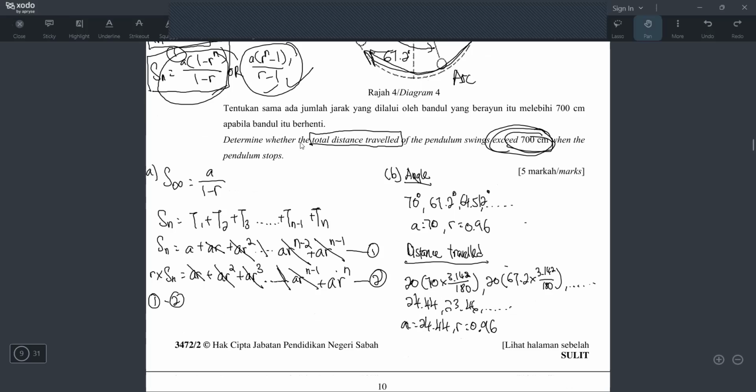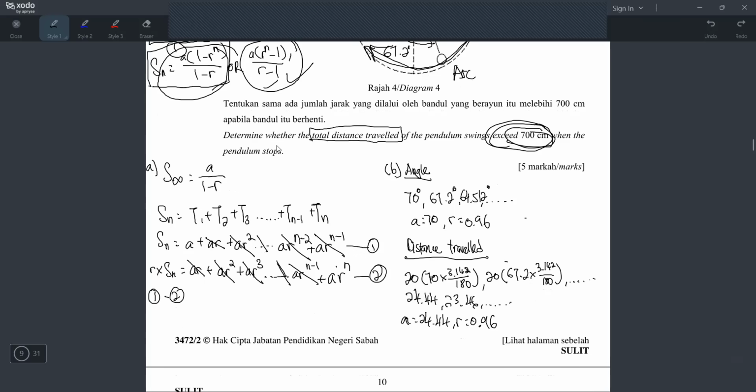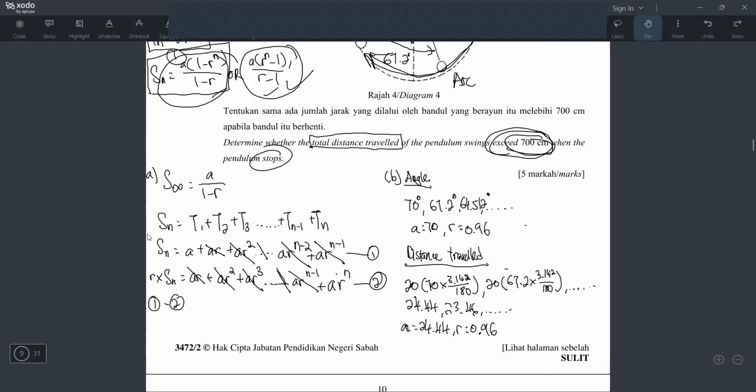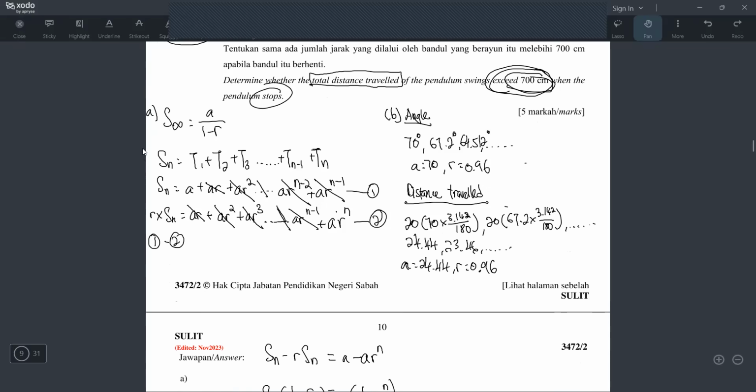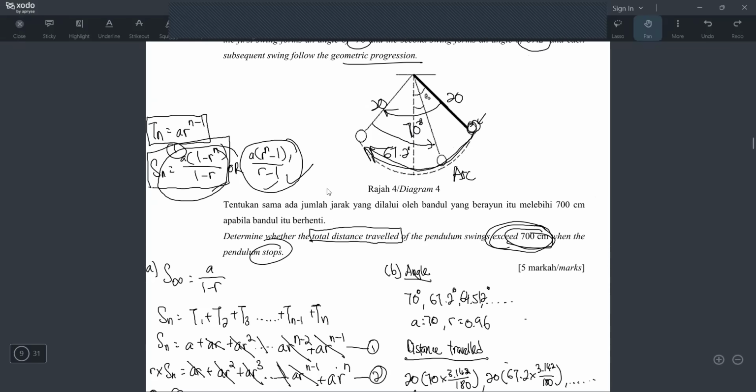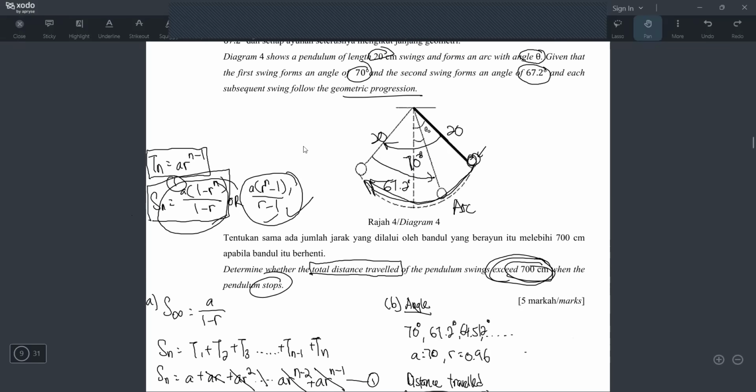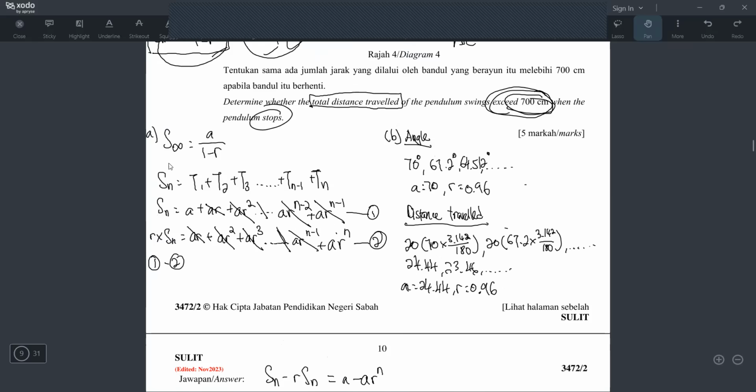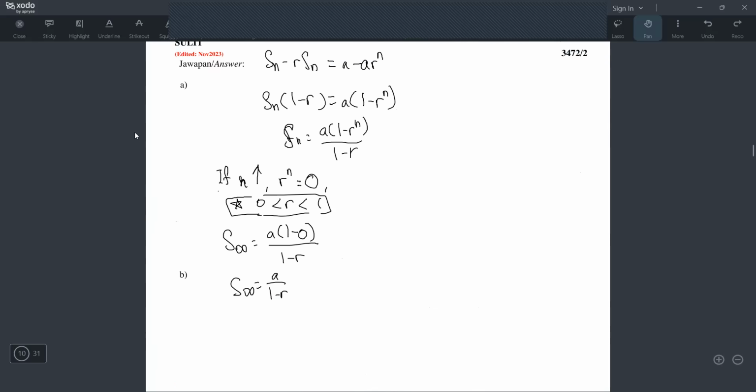Because they want to determine whether the total distance of the pendulum exceeds 700 cm when the pendulum stops. When it stops, actually you are not finding the Sn. You are finding the S infinity, right? Because your R is 0.96, which is less than 1, can you see? If your R is less than 1, it means what? Do you remember my explanation just now?